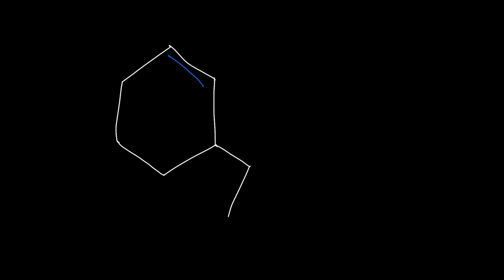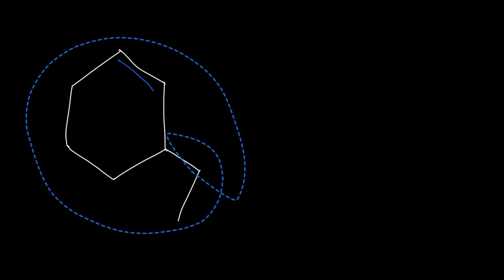How do we name this ring structure? If you count the carbons in the main chain, you have to include the double bond. So we're going to go toward the ethyl as opposed to this way, because then we'd get to ethyl quicker, so ethyl would have the lowest number possible.